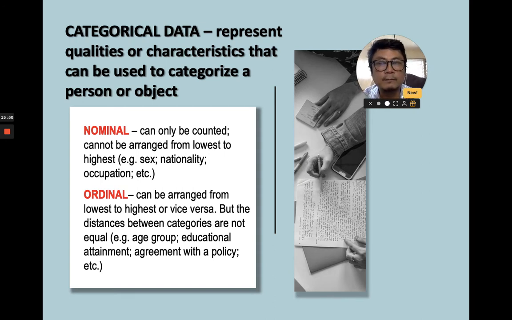But is the difference in the level of agreement or disagreement between me, who answered 3, and the person who answered 2, exactly the same as the difference in agreement or disagreement between the person who wrote 2 and the person who answered 1?